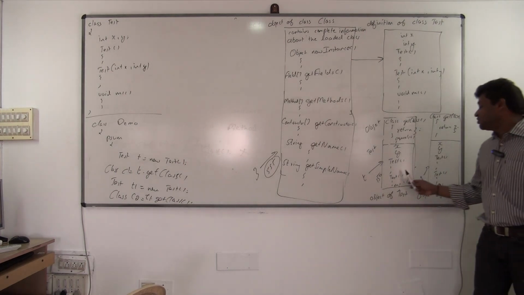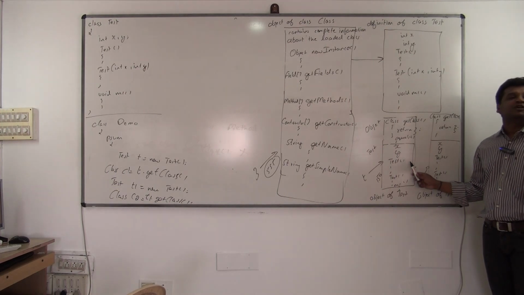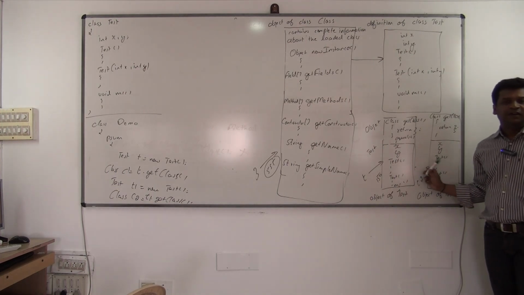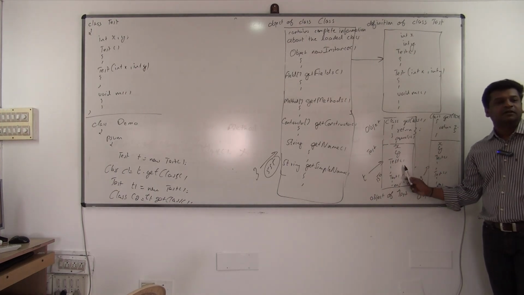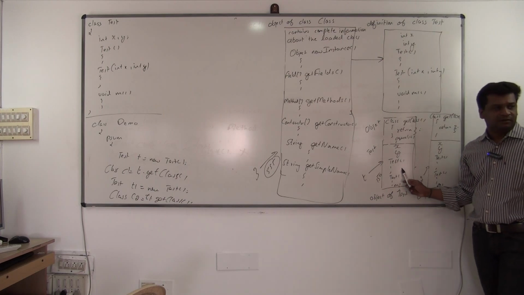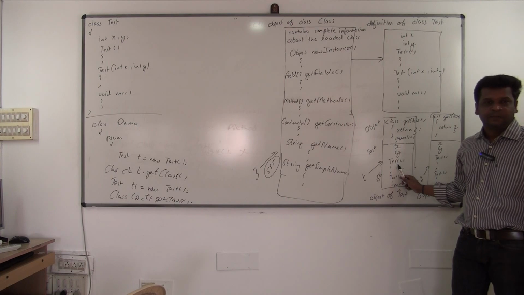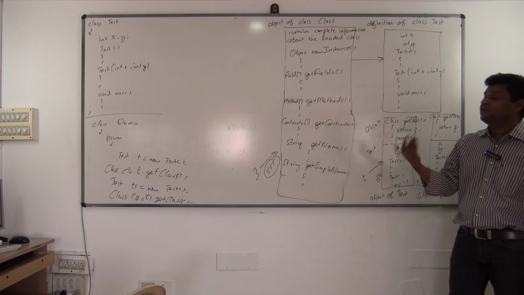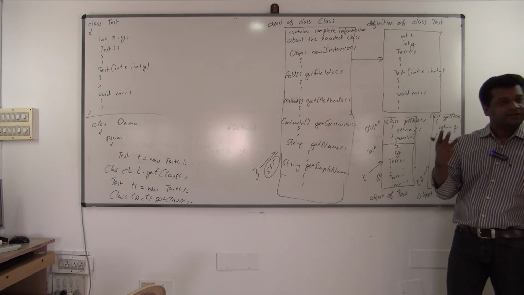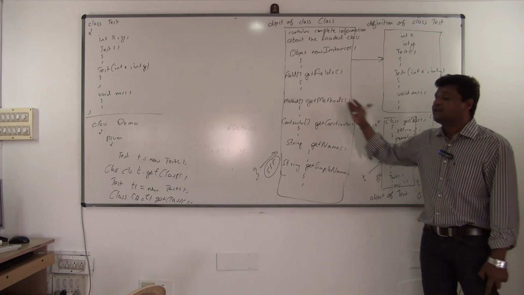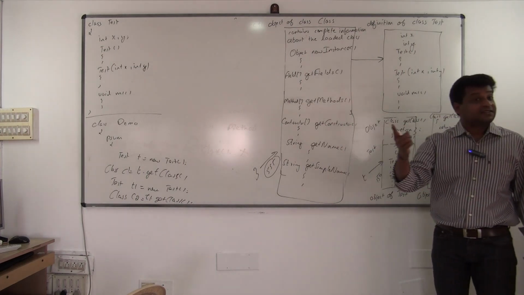How many test objects are there depends on how many you create using new. With T1, T2 and T3, there are 3 test objects. But how many class objects are there for class test? Only one.